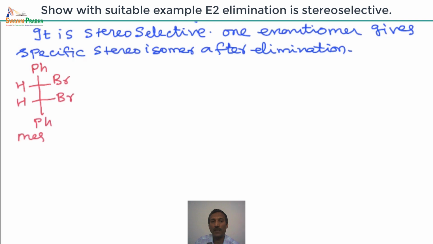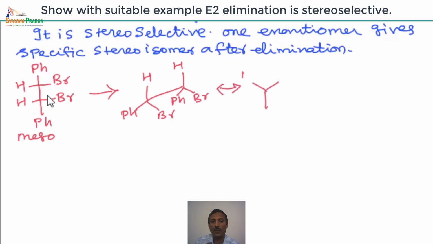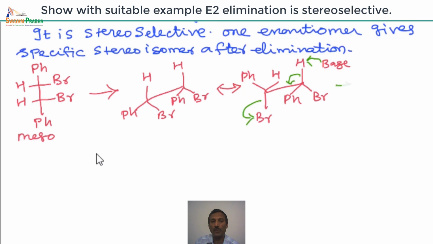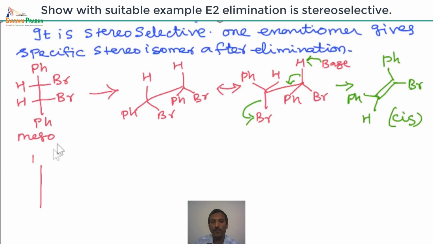Let us take an example as shown here. In this particular case, this is a meso isomer. The meso isomer undergoes elimination to give the cis product. In the case of the meso isomer, the bromines are on the same side and the hydrogens are on the same side. This is simply called the Fischer projection, and it is converted into a Sawhorse notation.